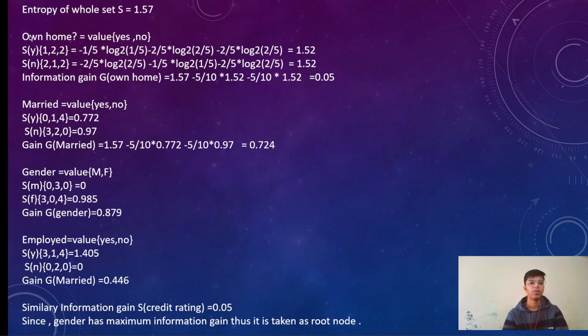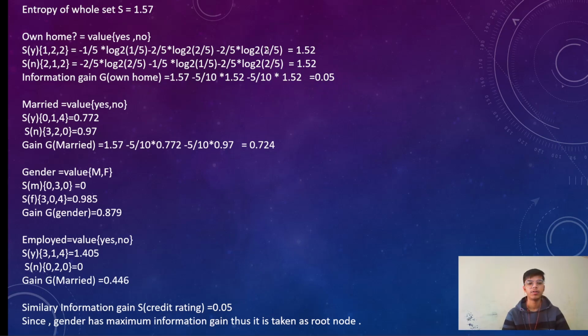Now the calculation. Own home has two values, yes or no, whether he owns a home or not. The entropy of Yes is 1.5. The entropy of No is also 1.52. The information gain of own home will be 0.05.